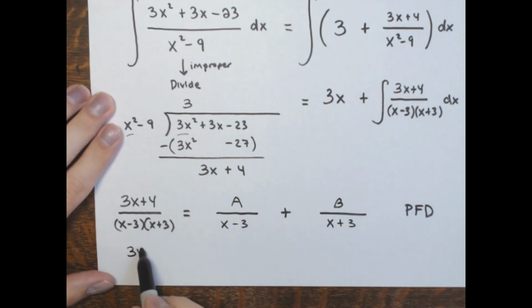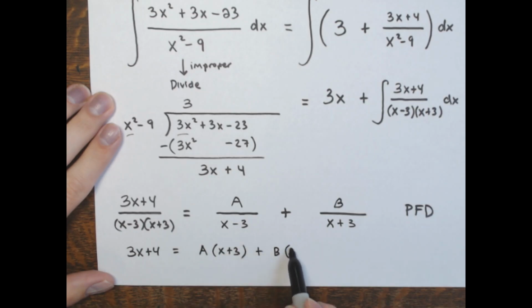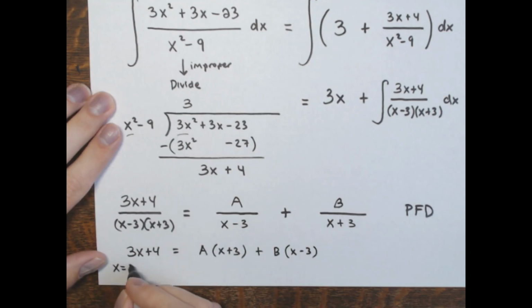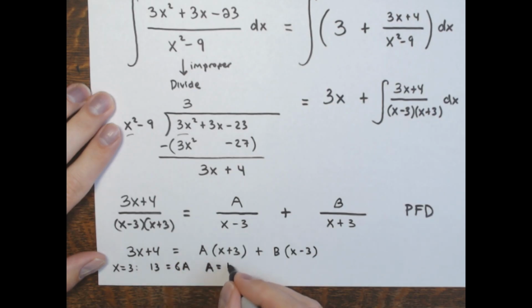Multiplying through by the denominator, you get 3x plus 4 on the left is A times x plus 3 plus B times x minus 3. I'm going to have x be positive 3 first. 9 plus 4, that's 13 on the left, and then 6A on the right. So A must be 13 sixths.